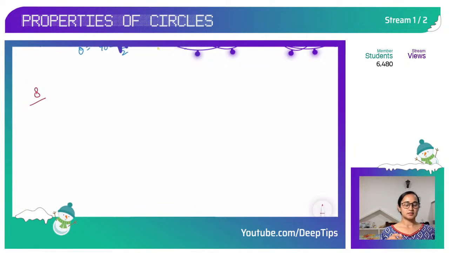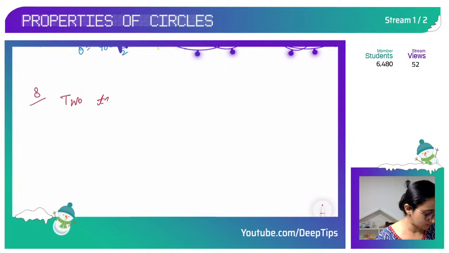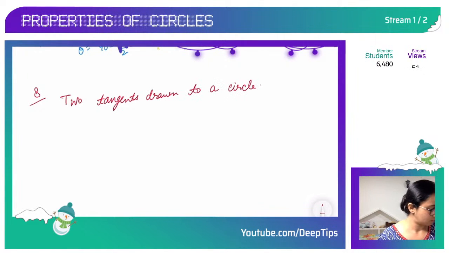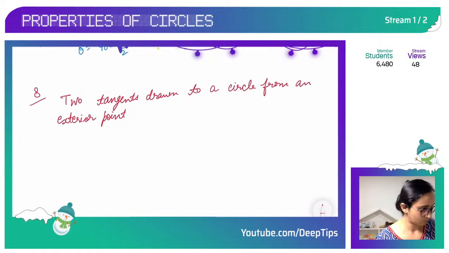So now this is an important theorem: two tangents, okay, I'll write it down. Two tangents drawn to a circle from an exterior point are equal in length.